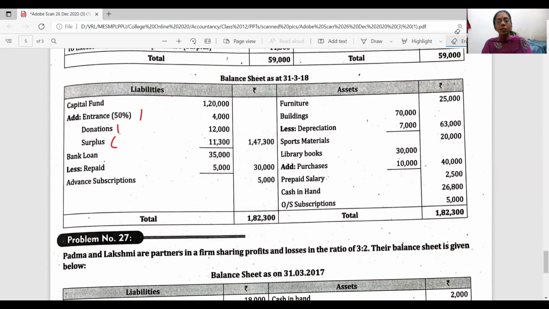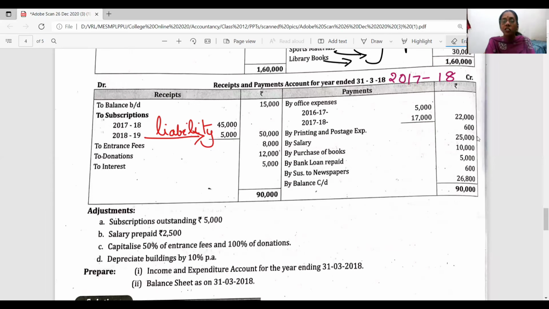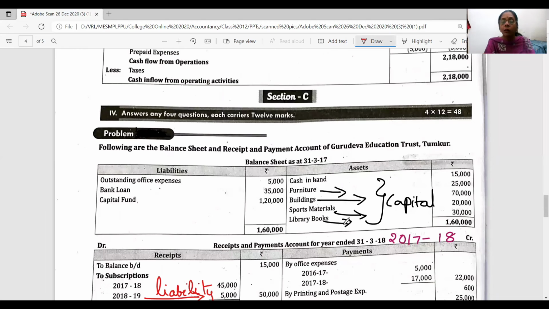So where do you find this purchase and sale of the asset? It will be found under receipts and payments account. I'll show you over here. You could see here purchase of books. So could you make out this one entry? Purchase of books. So when you see this, you may have to add. Already see, look at this. How much worth books did we have? Library books.